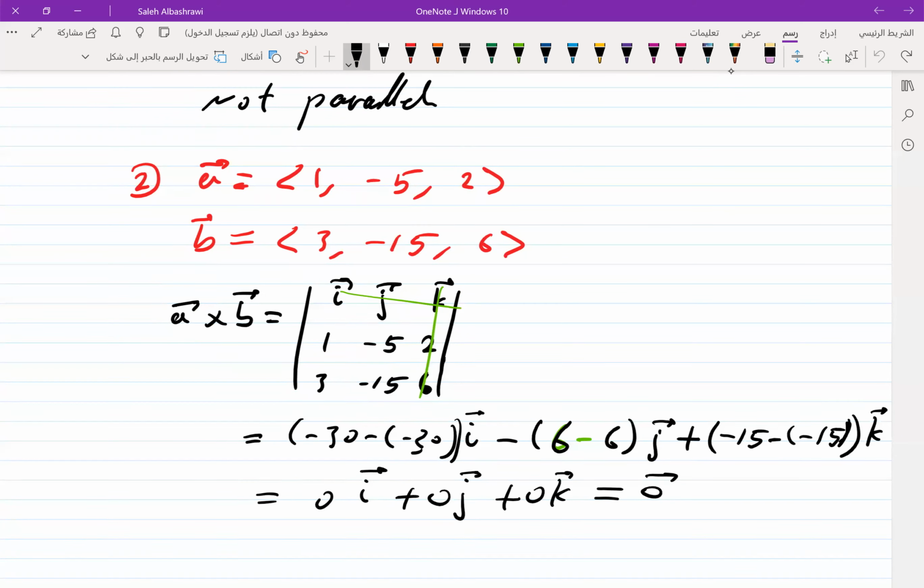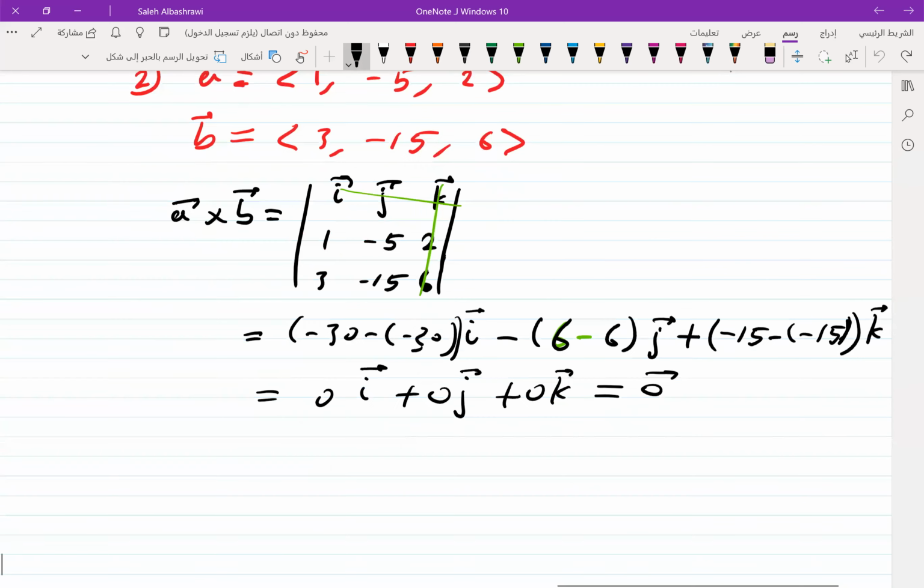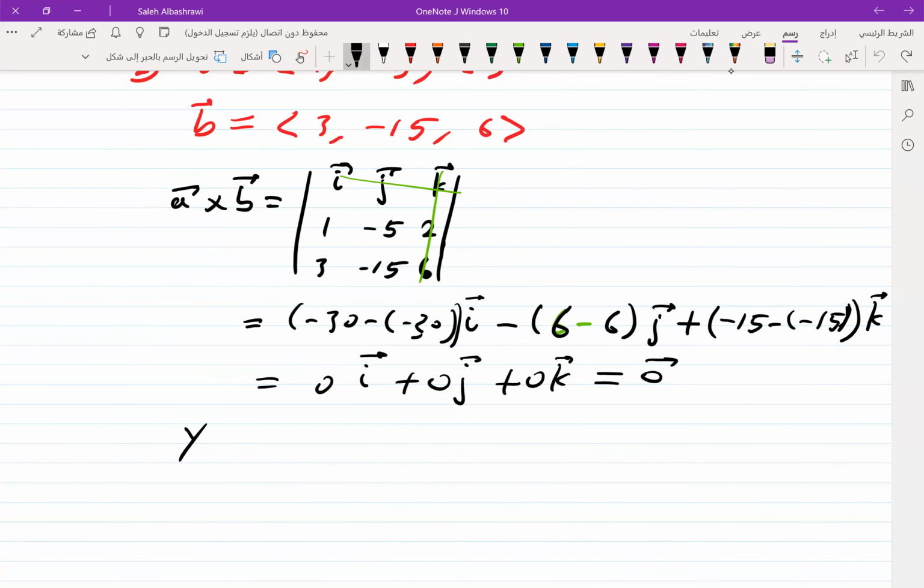So we can see that the cross product for this one is equal to 0, which means that A and B are parallel. Then yes, they are parallel. So if A cross B equal to 0, then they are parallel.